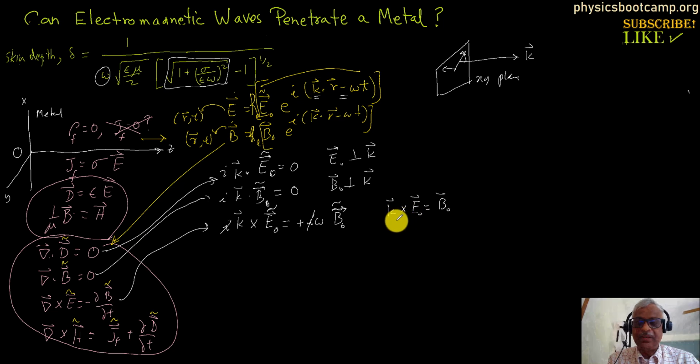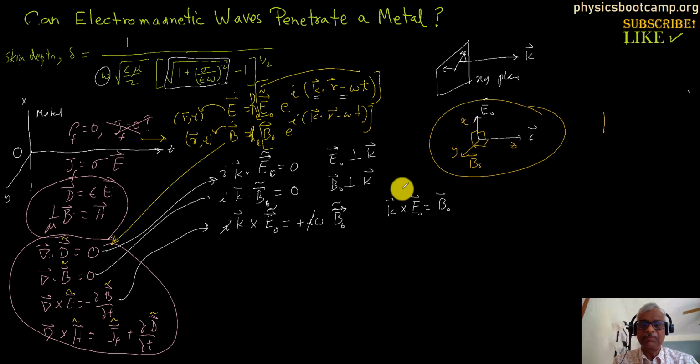So this tells me that if this is k and this is E, then I do a right hand rule, and B will come out like that. And these are 90 degrees. So if I take this along the x, this along the y, and this along the z, then we'll have satisfied this.